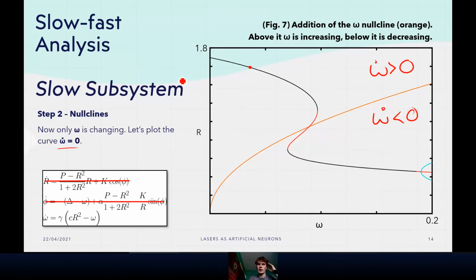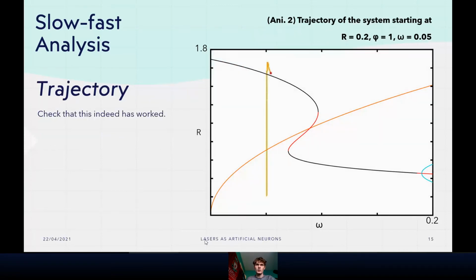The only thing that's changing is omega, and it should push me to the right because omega is increasing. And if I'm down here on this fixed point, I should get pushed to the left. So let's combine these fast and slow subsystems, see what an actual trajectory looks like when we get this spiking behavior. And it looks like this.